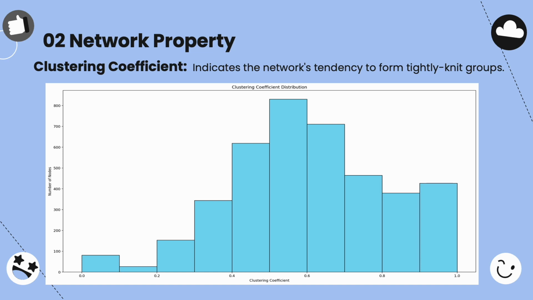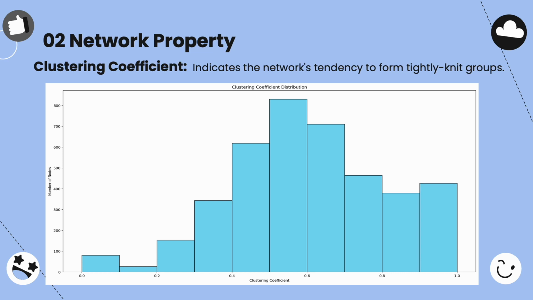The taller bars at higher clustering coefficient values near 0.6 and 1 suggest that many nodes are part of tightly knit communities, where their neighbors are also connected to each other. Nodes with moderate clustering coefficients around 0.4 to 0.6 might indicate regions in the network that are somewhat connected but not as densely knit as those with higher values.